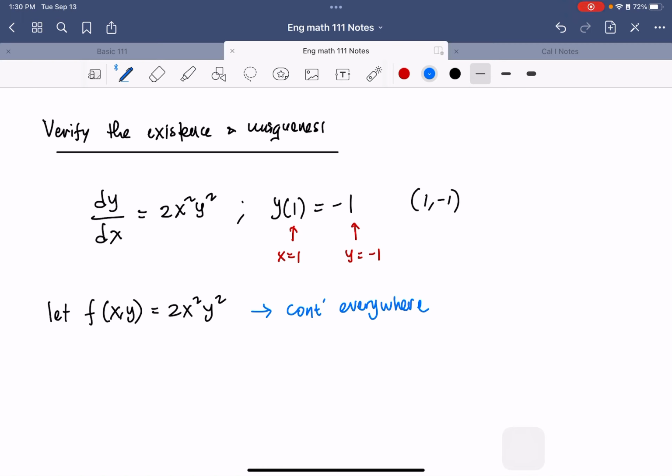And then when we check the partial with respect to y, we get that this will be 2 x squared y. We just differentiate with respect to y. And also, this is a similar equation, just x squared y, and I believe this is also continuous everywhere.